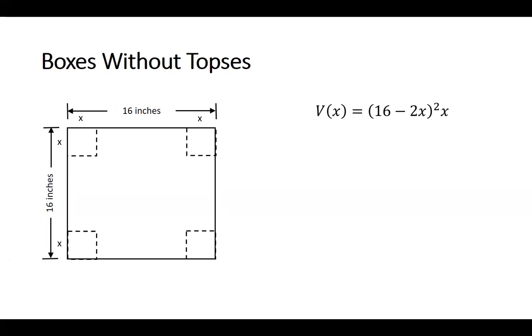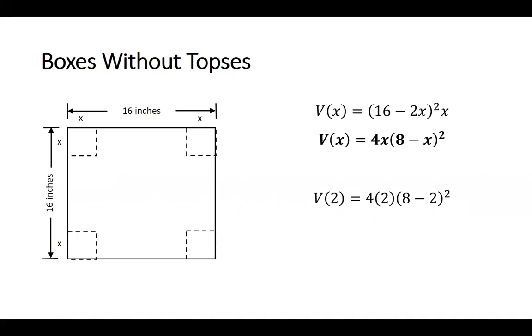When we simplify that equation, the 16 minus 2x squared times x, we get the volume as a function of x is 4x times (8 minus x) squared. So that's our simplified form. So now we can deal with the volume. The next thing the question asked was, what if you make x equal to 2?